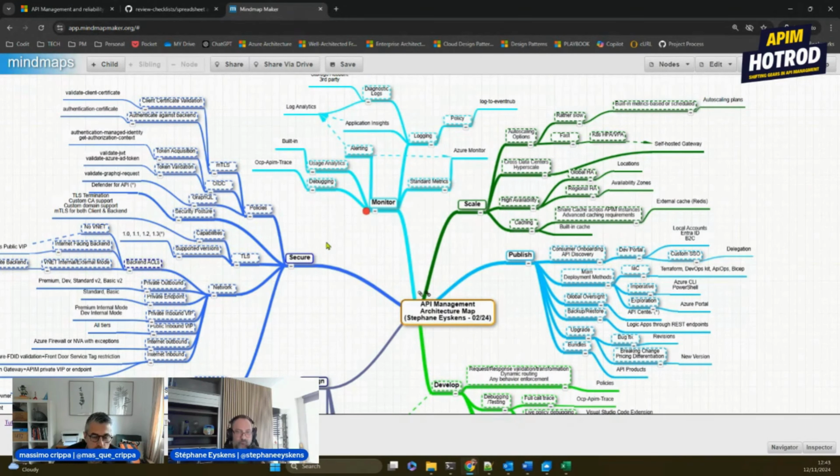This map gives me a high-level idea of all the topics covered in API Management. So if I want to identify best practices over time, I can use this map to navigate the domain and bring back those best practices about, for example, scaling, publishing and developing into the review checklist.